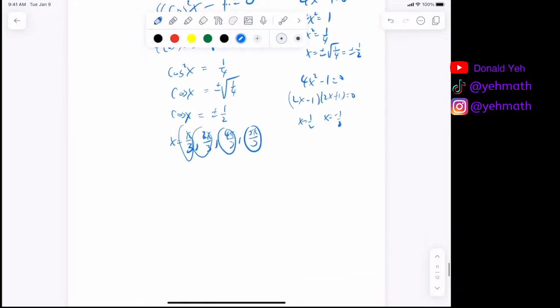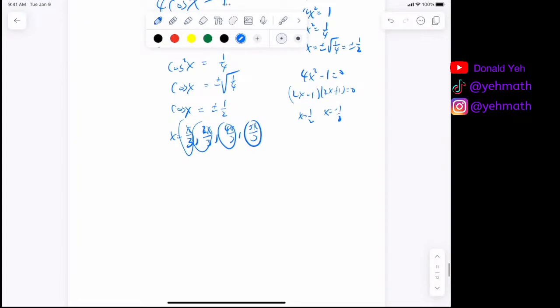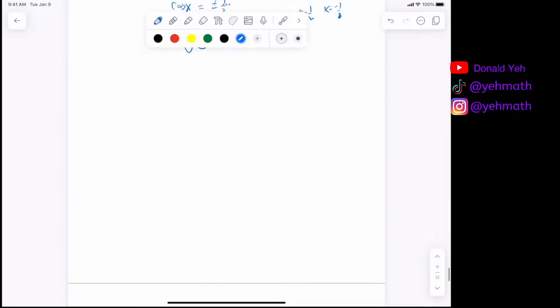Okay, so I'm going to give you a little bit of a twist on the questions. This question has a little bit of a twist. You also need this part of algebra, so I'm going to teach you if you don't know how, but you do need to know a little bit of trig here.